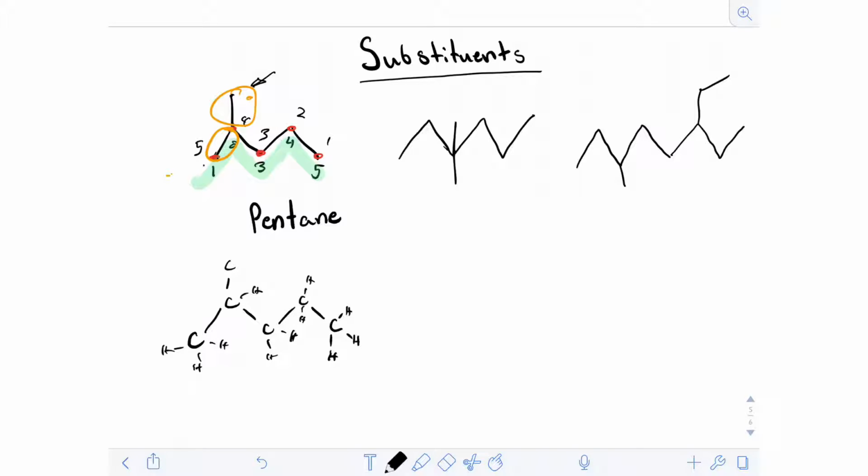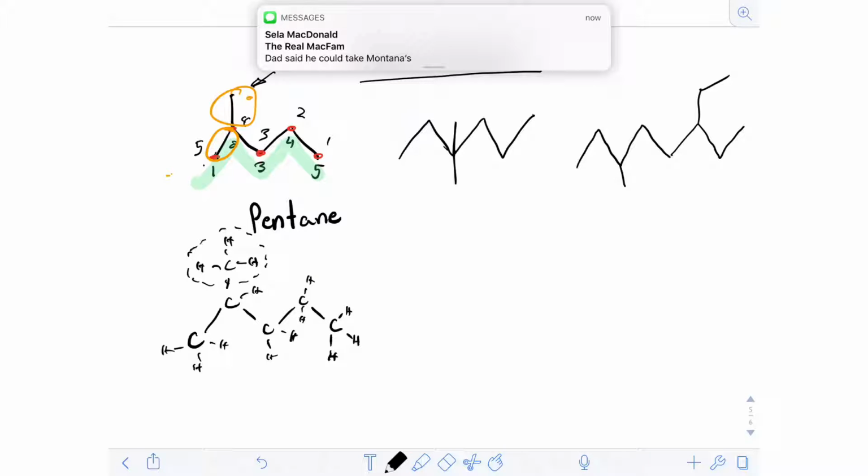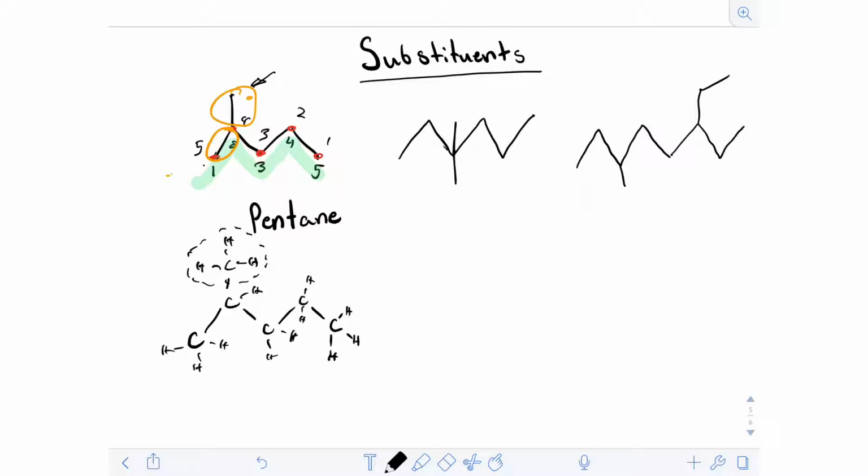So it's a methyl because it's 1 carbon, specifically this carbon right here, hanging off the end. And we know that 1 carbon is a methyl.